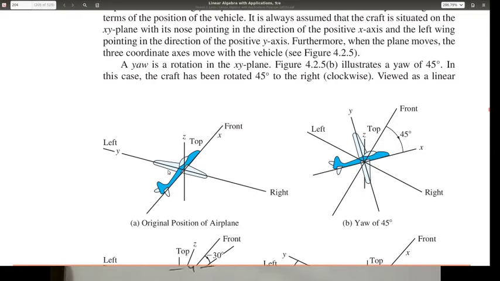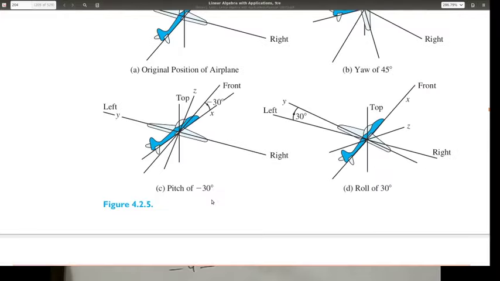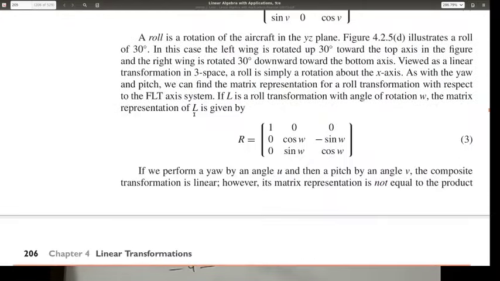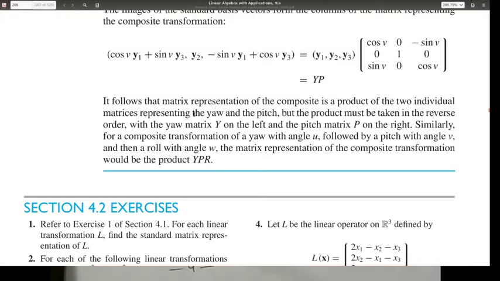If it's tilting in this direction, or this direction, or this direction, that can all be expressed by a linear transformation. So that's it, and you can go through these examples on your own.